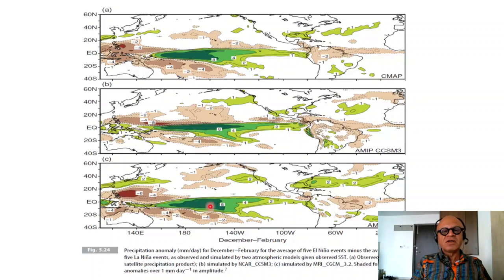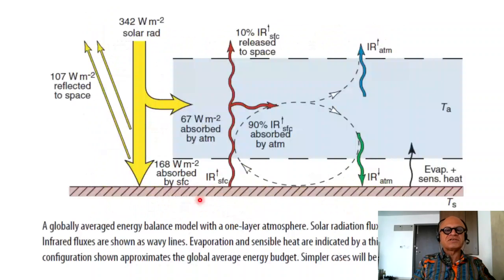This will affect the model's monsoon, El Nino teleconnections, for example, or El Nino impacts on southwest US, southeast US, and so on. So you can see the differences in these regions are seen in the two models as well.